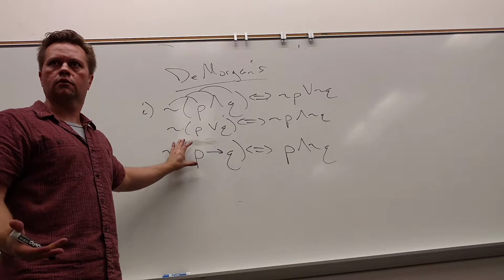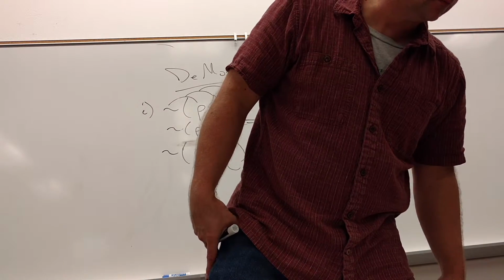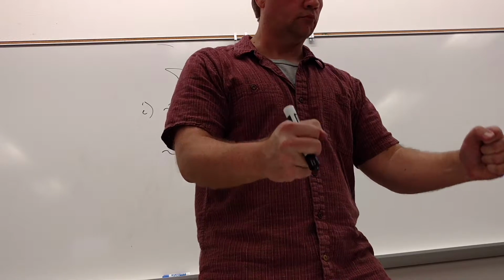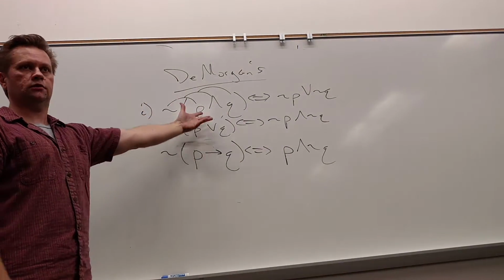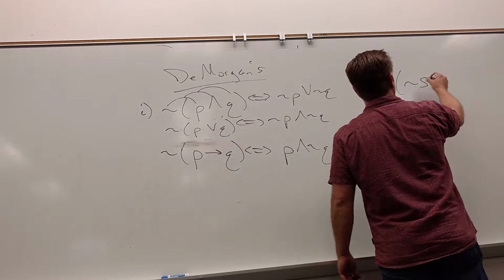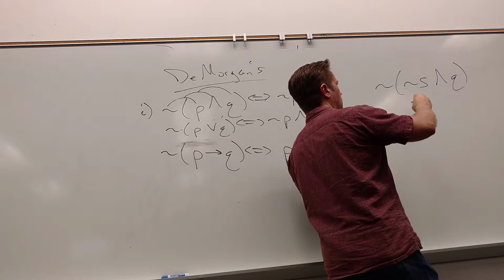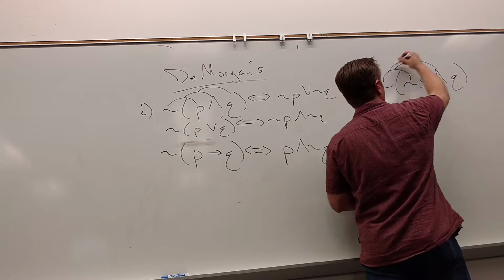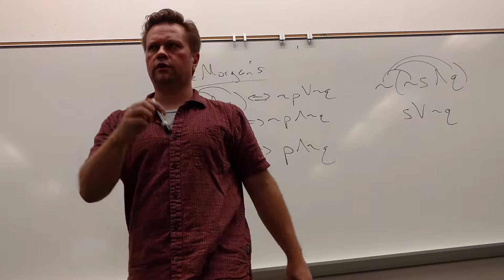It's in the homework, so you can reference it on page 132. These two you need to memorize, and that's pretty straightforward. So what would this be? S or not Q. Yeah, S or not Q. All right, let that be simple.